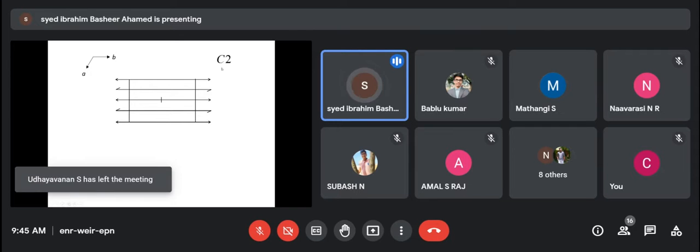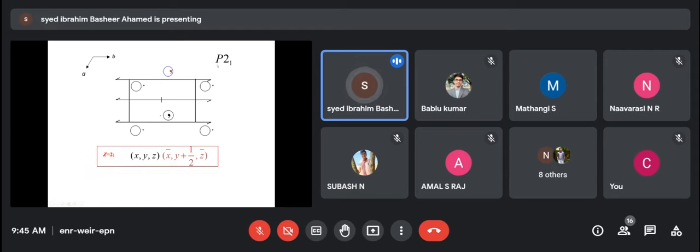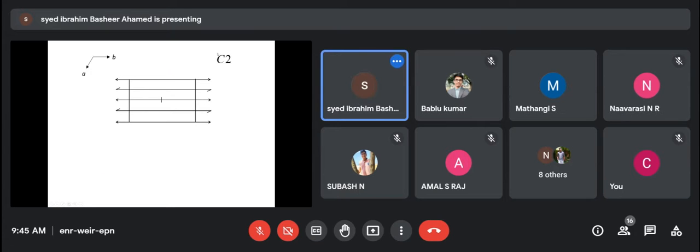A non-primitive cell. Okay. So here we saw everything is a P. P means primitive cell. What does primitive cell mean? You will have lattice points only at the corners. Whereas in a non-primitive cell, you will have lattice points at the corners and additionally somewhere else in the cell.